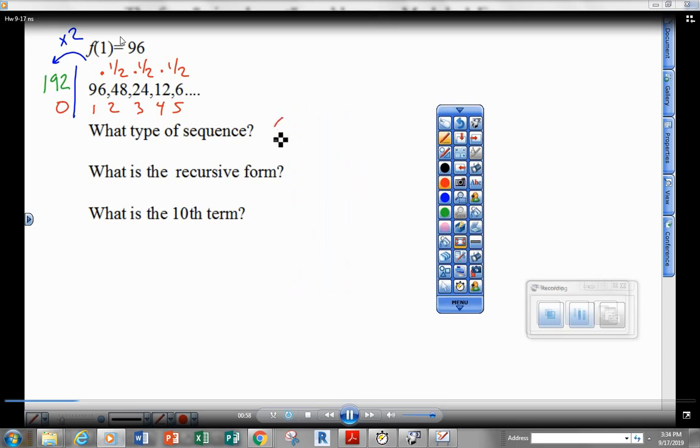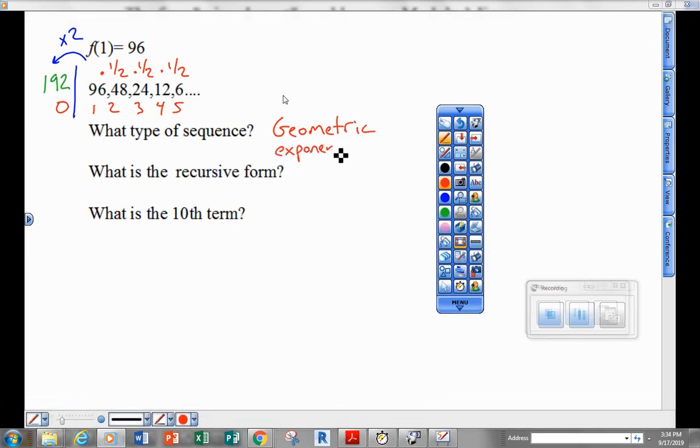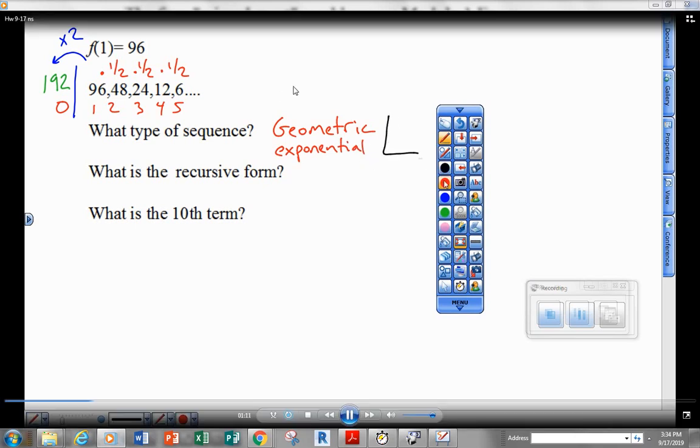So again, geometric, because you're timesing, that means it's exponential, another word for that. And if I was to graph it, it would have that curved look where it has no common constant rate of change. Alright, the recursive form is always f of x equals f of x minus 1 times 1/2.